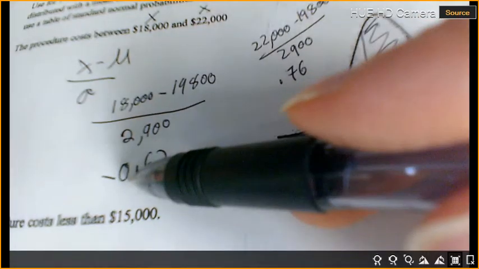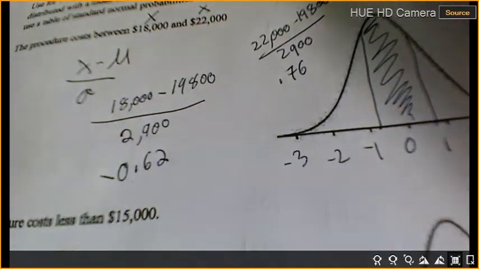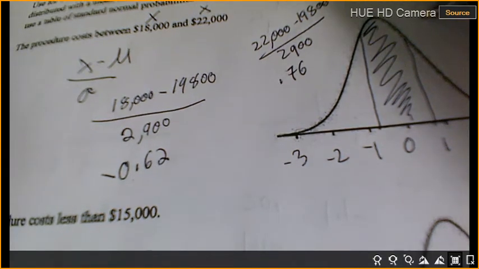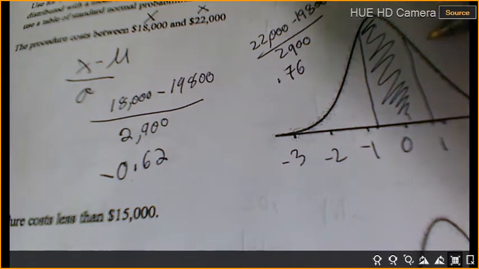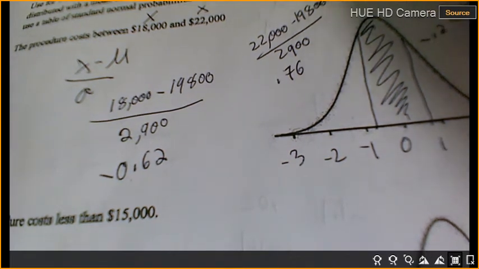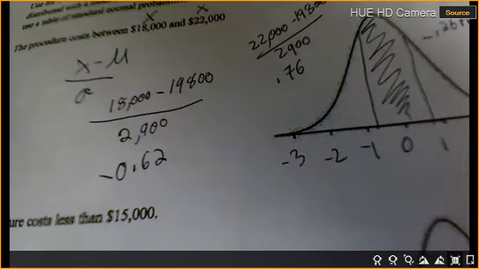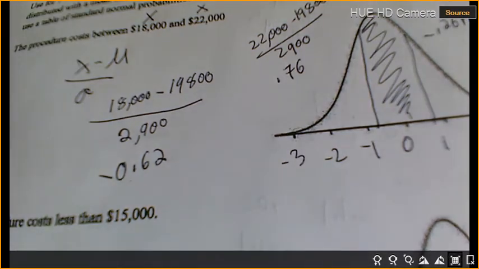So now I'm going to look up both of these. Look up negative 0.62, and I get what? Go to negative 0.6 on the side, 0.02 on the top, and I got 0.2676.